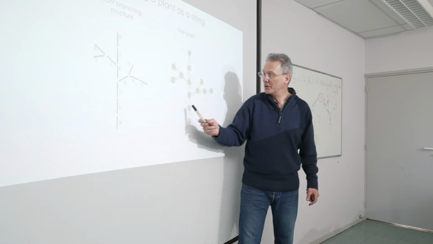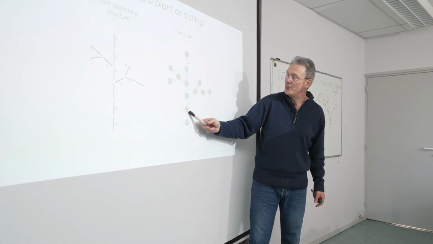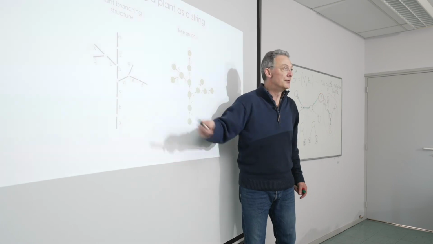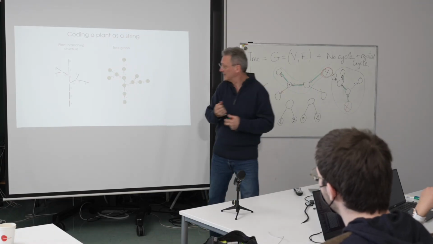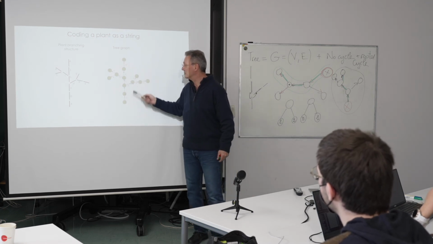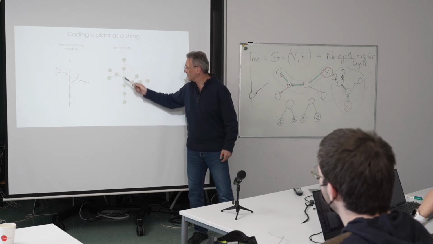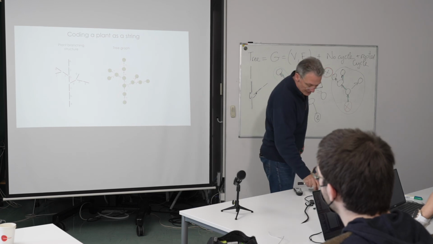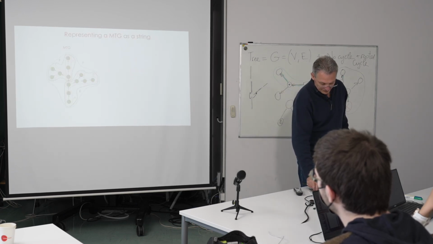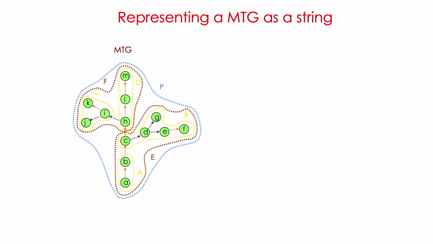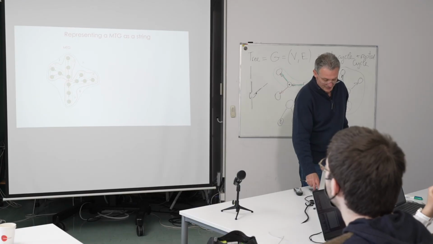Okay, B would be represented by a node, etc. And then you represent the connection between the nodes that are the segments that are physically connected on the plant. You put an edge between the two, and you put the red arrow for the entities that are successively on the same axis.